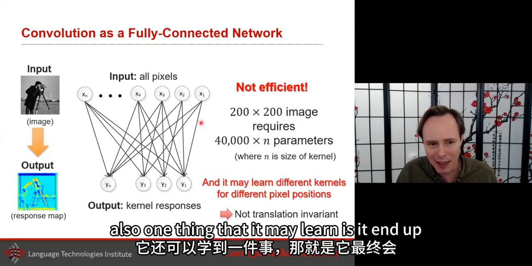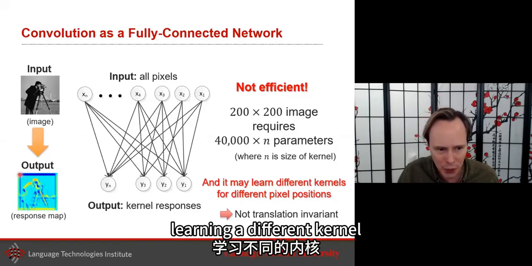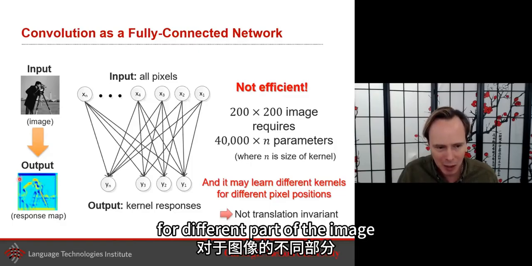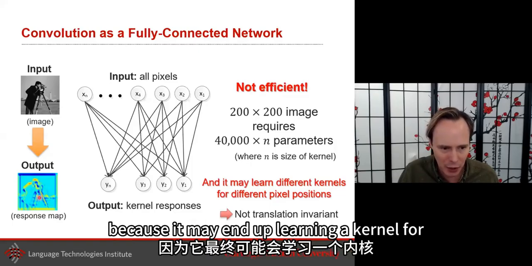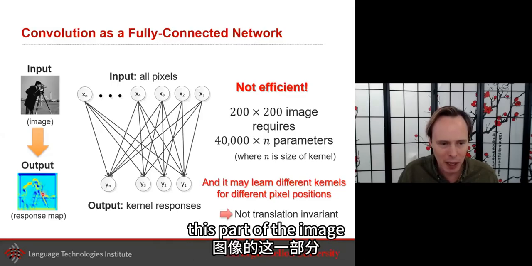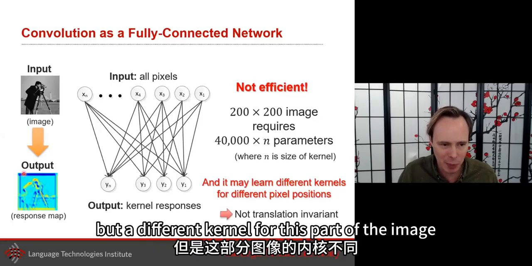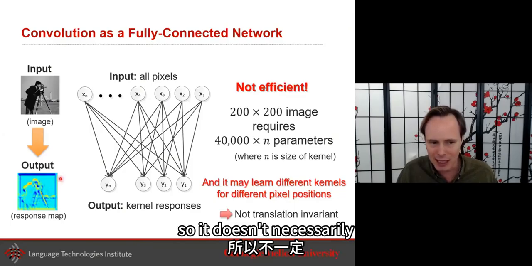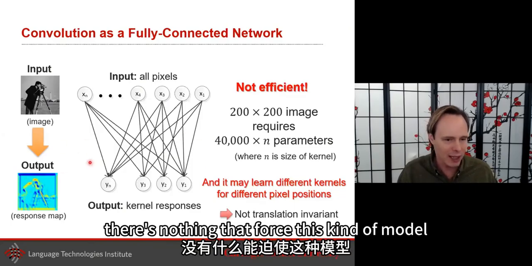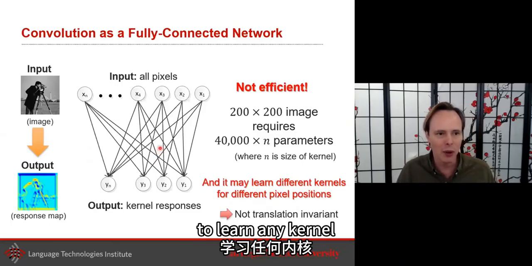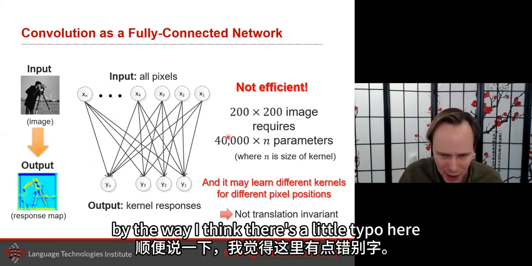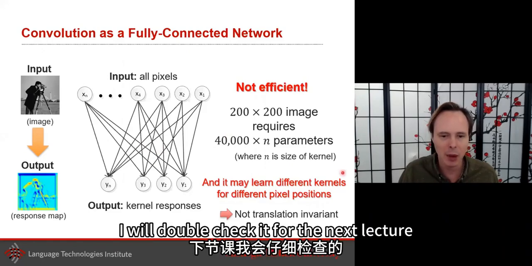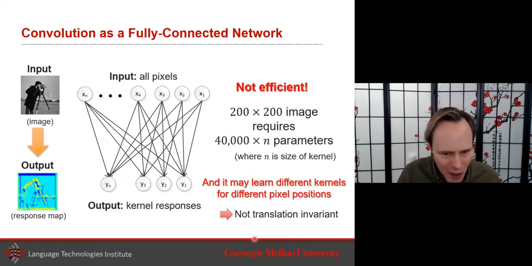Also, it may learn a different kernel for different parts of the image: a kernel for this part of the image, but a different kernel for that part. There's nothing that forces this kind of model to learn any one kernel. By the way, I think there's a little typo here. I will double check it for the next lecture.